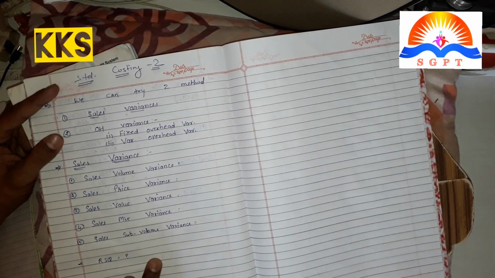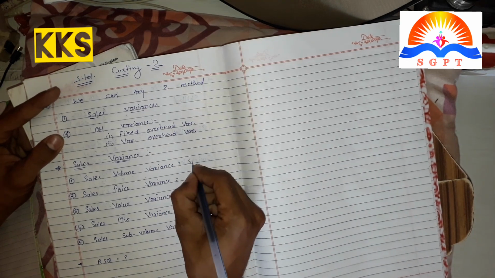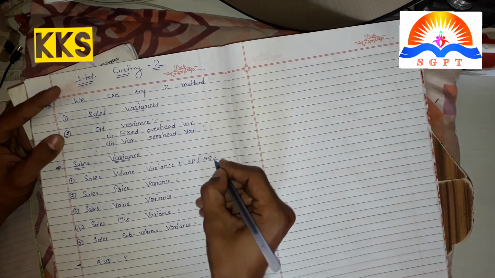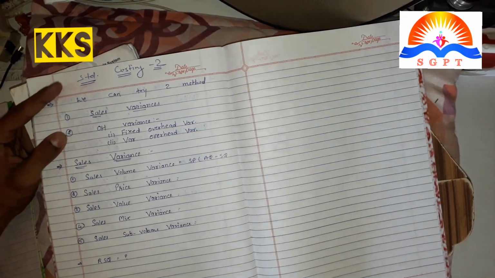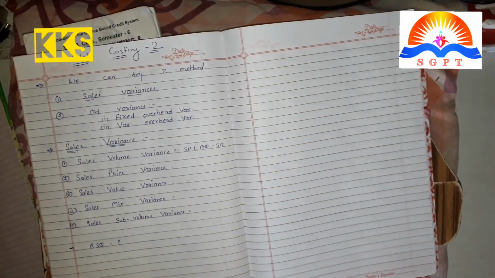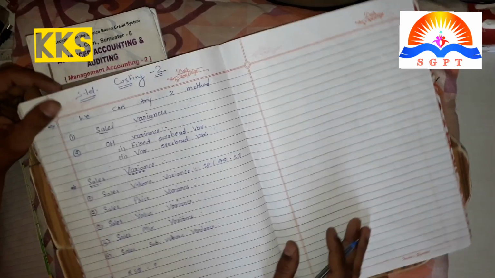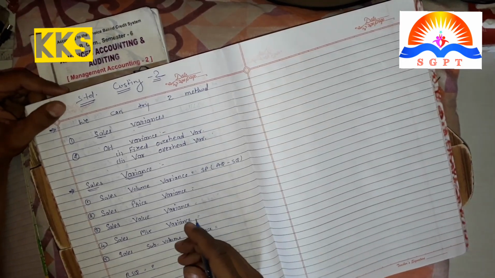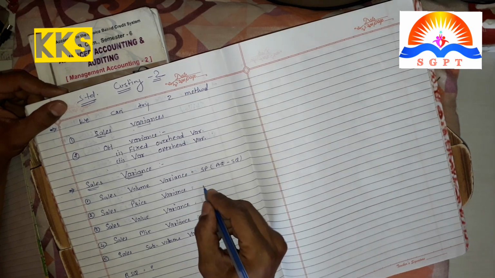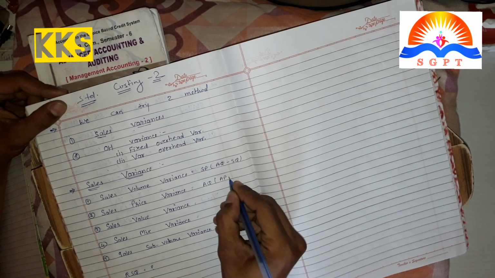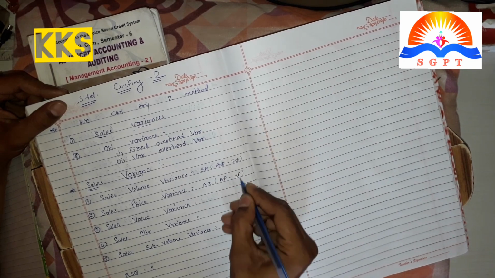First of all, sales volume variance. Sales volume variance is SP into AQ minus SQ. Sales price variance is AQ into AP minus SP.